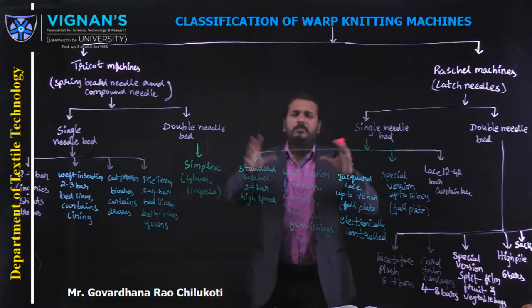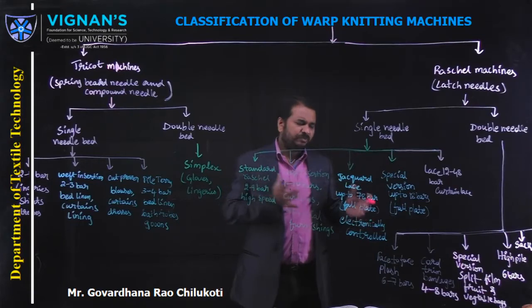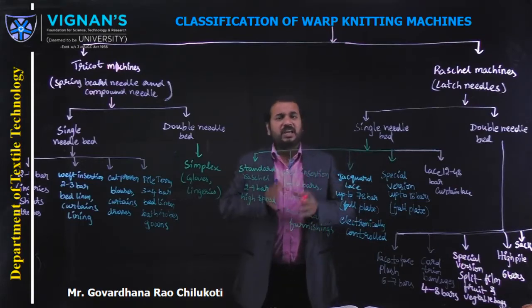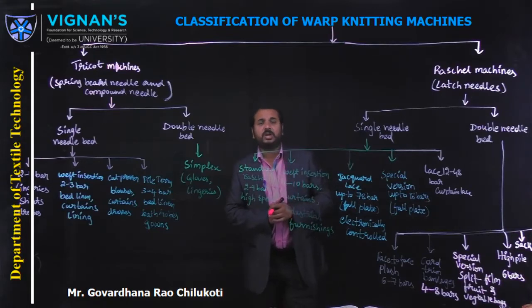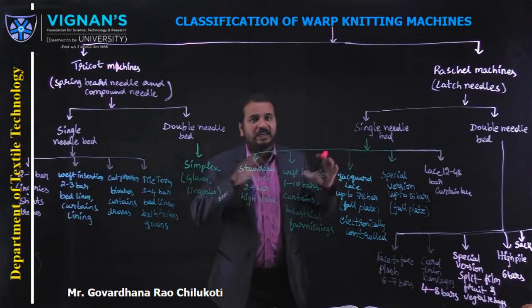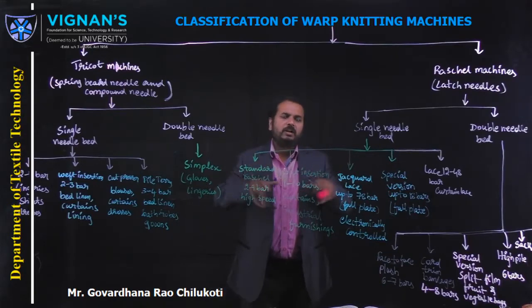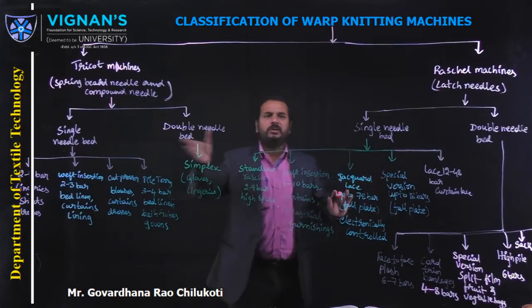Nothing but motifs in the fabric structure like laces and applications like curtains and industrial cloths. You can make different fabric structures in the knitting itself. There is no printing used, only the number of guide bars and number of needle beds.